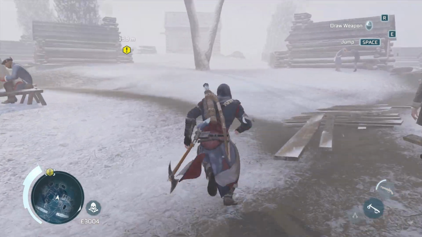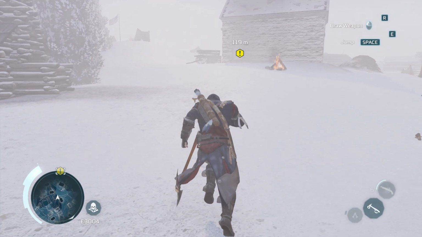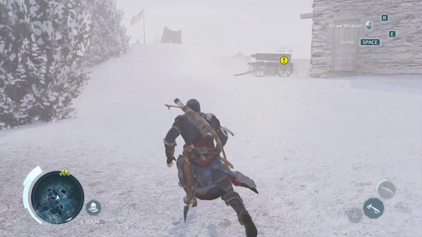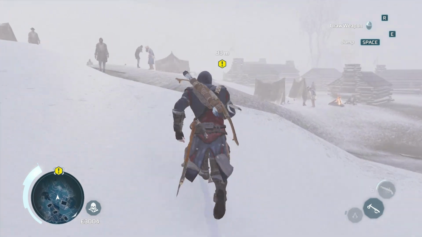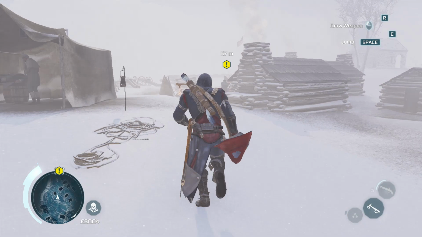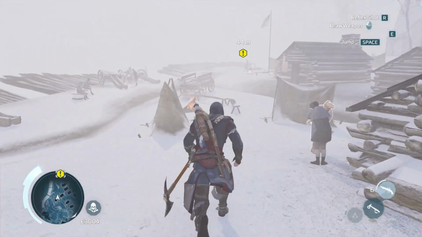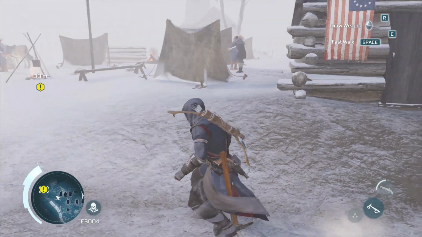Militiamen walking all over the place. Little houses, fires. This is a very large area. But we have one man to speak to. That would be Mr. Washington himself.